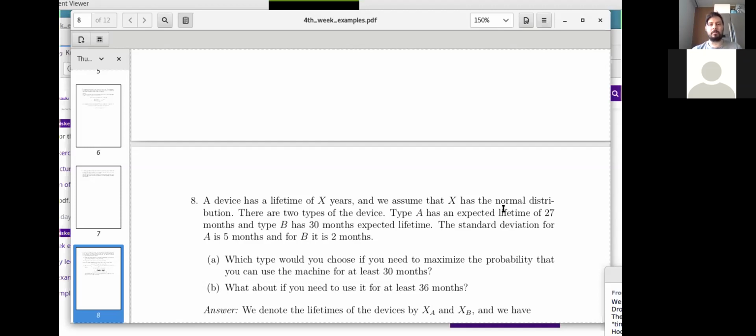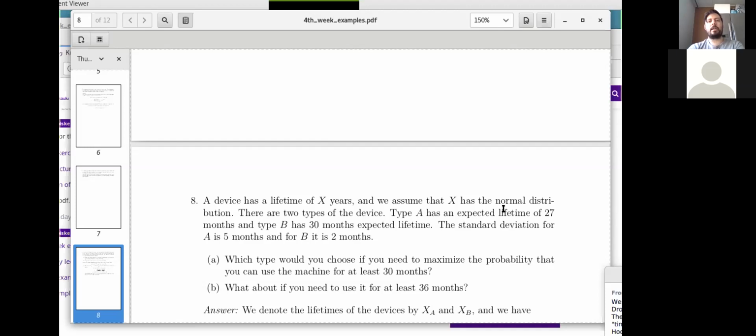On the other hand, you know that B has expected lifetime of 30 months, and it's a normally distributed variable. Because a normal distribution is symmetric, you know that it's exactly 50% chance of reaching 30 months.